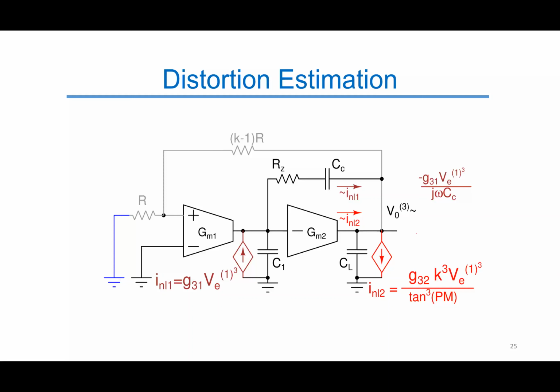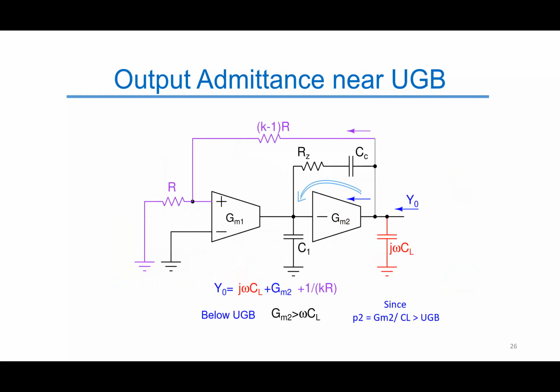Now, to estimate the effect of INL2, we need to find the output impedance of the loop. The output admittance of the loop comprises the admittance of the load capacitor Cl, the conductance generated by the feedback around GM2, which is approximately equal to GM2, and the conductance of the feedback resistors.